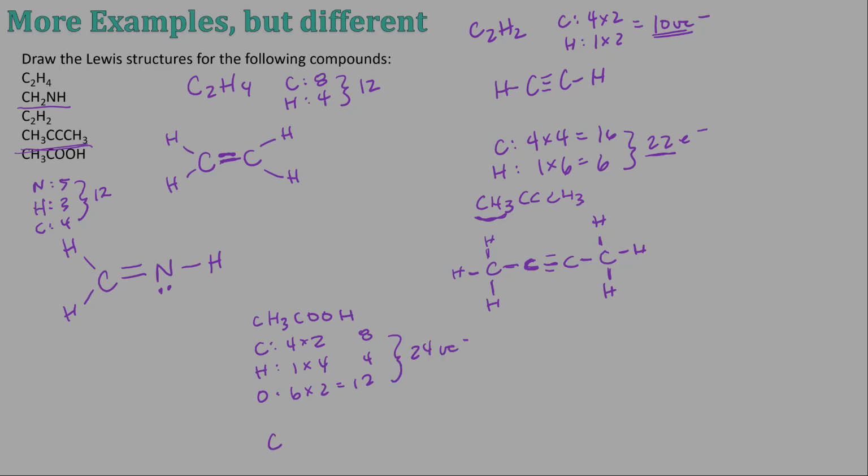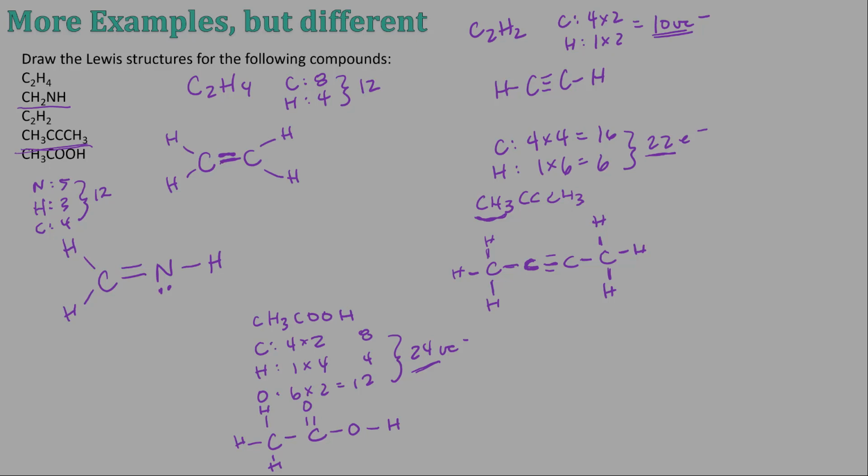And it says that we have a CH3 bonded to a carbon that has 2 oxygens attached to it, and then a hydrogen. So this would be 2, 4, 6, 8 around the first carbon, 10, 12 for the double bond, 14 between carbon and oxygen, and 16 between oxygen and hydrogen.